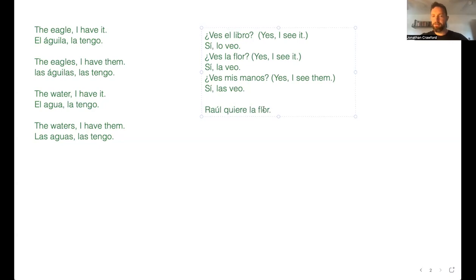Raúl wants the flower. And then we're going to say, give it to him. Give it in the tú form. Give it to him.